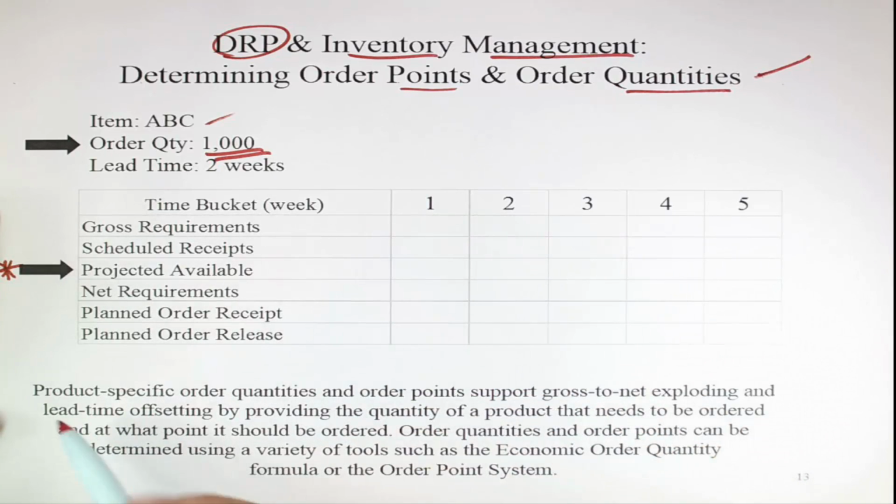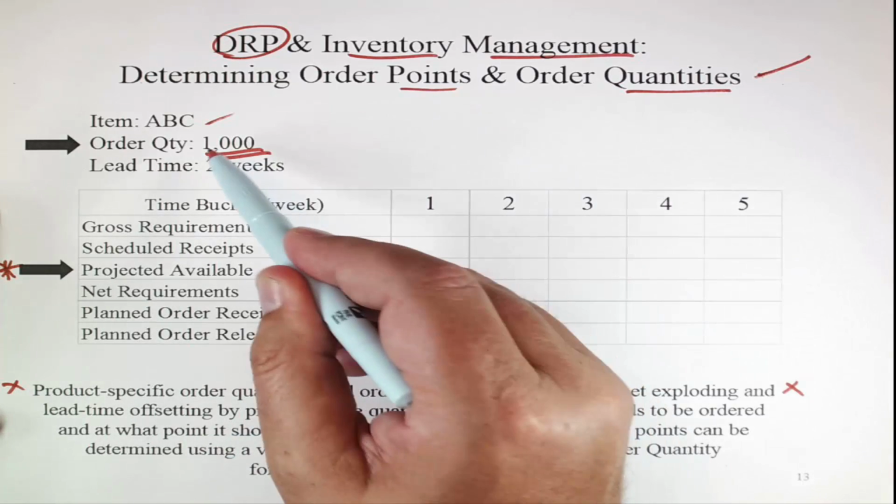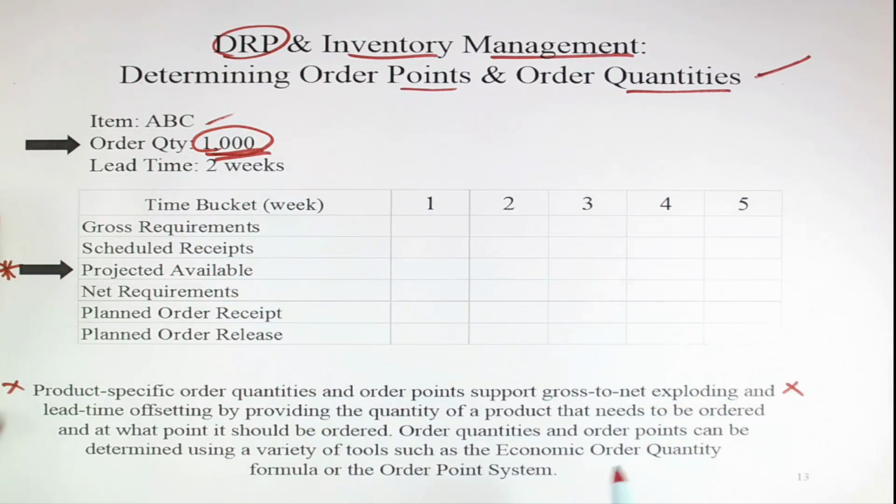Before we go further, let's have a look at our definition down here. Product-specific order quantities and order points, they support gross to net exploding and lead time offsetting. Right here, for example. By providing the quantity of a product that needs to be ordered and at what point it should be ordered.